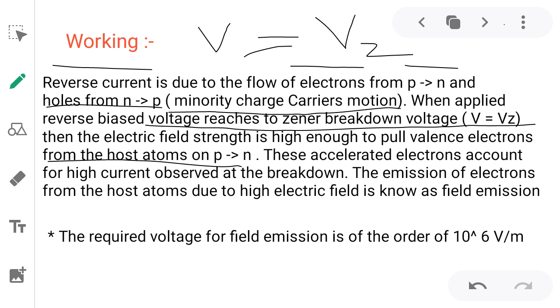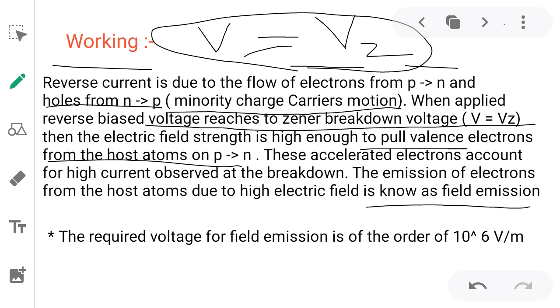When the applied voltage reaches the Zener voltage, the field strength inside the Zener diode becomes very high. If field strength reaches a very high value, then it is very easy to pull the valence electron from P to N. If field strength is suddenly high, we can easily pull up the electron, that is, drag it out. This emission of the electron with the help of the field, they named it the field emission. Because of this, it does not get permanently damaged.